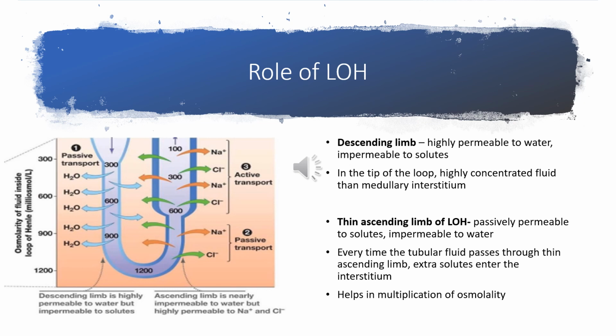We have seen that the glomerular filtrate formed is isosmotic with that of plasma, having an osmolarity of about 300 milliosmoles per liter. And in the proximal convoluted tubules, the majority of the solutes will be reabsorbed, and secondary to this, a considerable amount of water will also be reabsorbed.